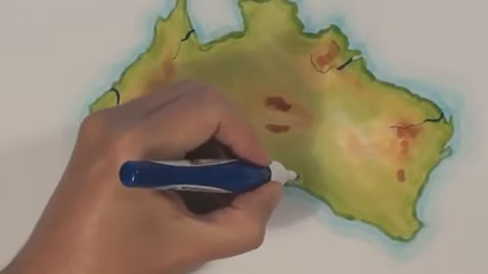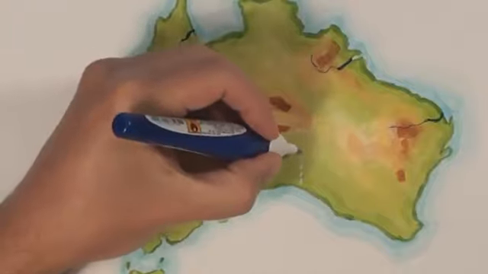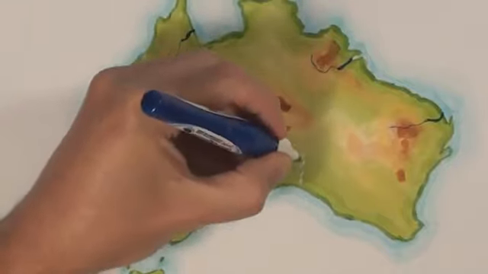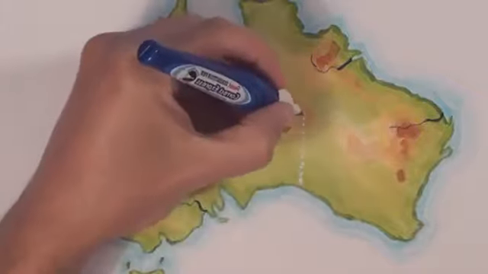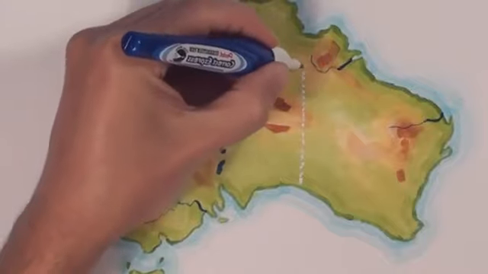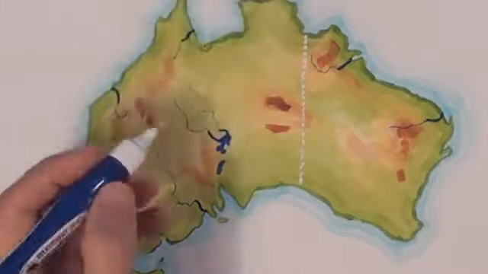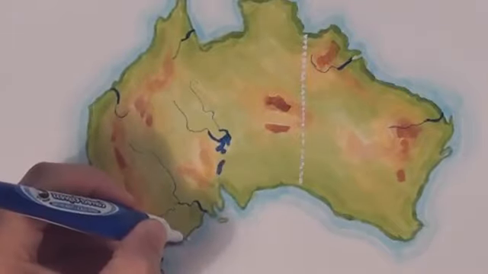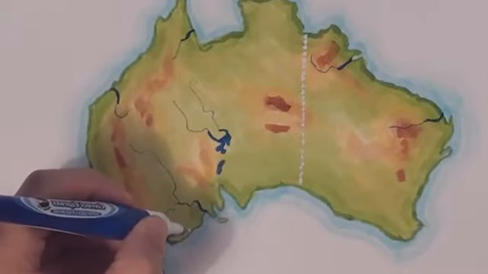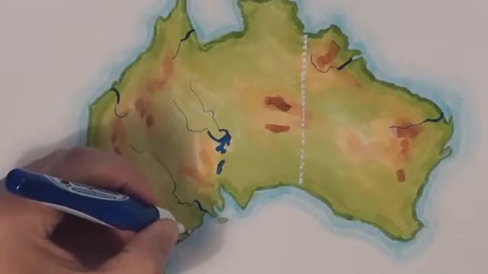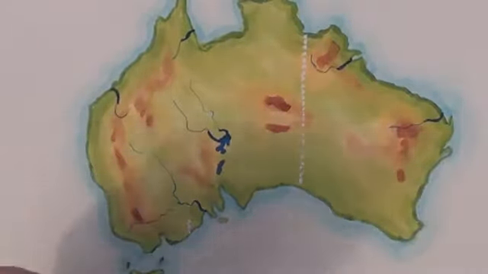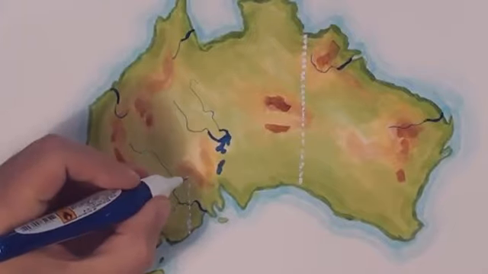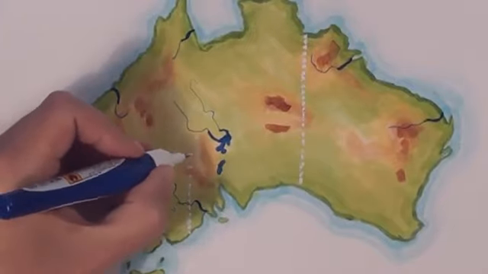The border between Western Australia and Northern Territory and South Australia is completely straight. It looks like that on the map. So next we have the border between South Australia and Victoria, just a straight line. Like this.